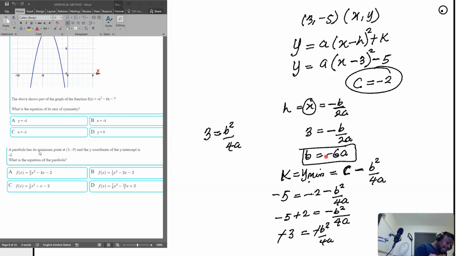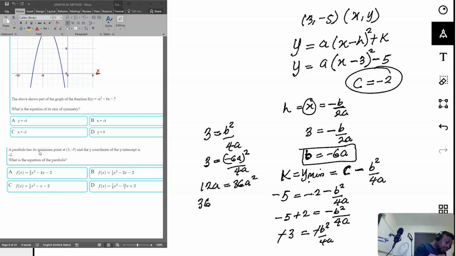So we can easily substitute the value of b as minus 6a. So 3 is equal to, what is b? Minus 6a squared over 4a. So what do we have? This is 12a is equal to 36a squared.